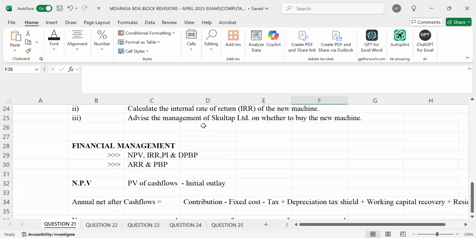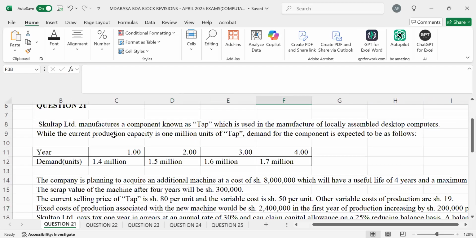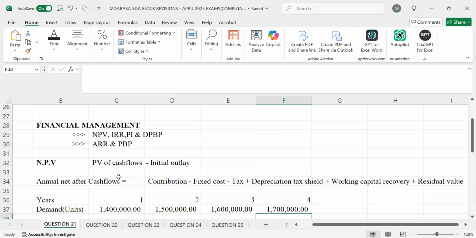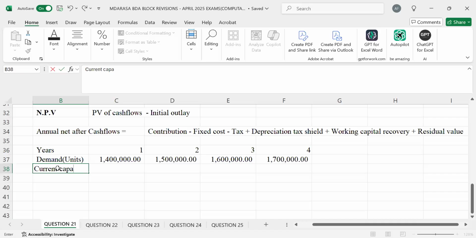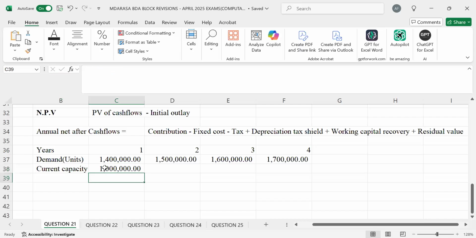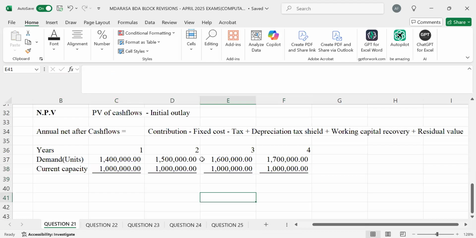But again, look at what you're told: current production capacity is 1 million units. That is what we have in existence.